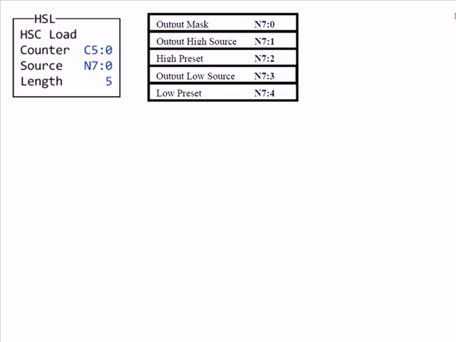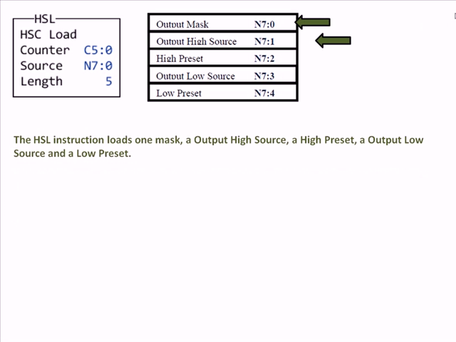Let's do this one more time. The high-speed counter load instruction addresses the high-speed counter. In the MicroLogix 1000, you only have one high-speed counter, C5:0. It loads 5 16-bit words from the source.